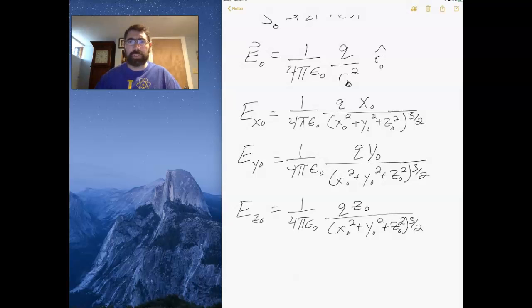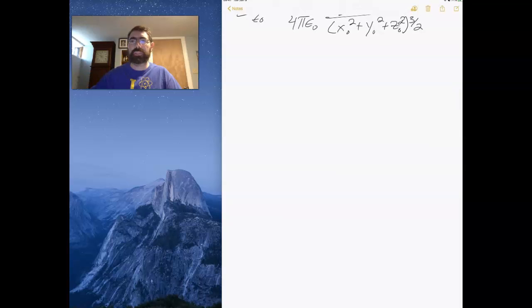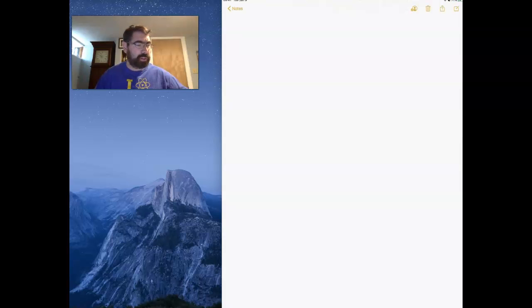So the reason I wrote out all 3 directions is if you think back to the previous video lecture where we looked at the parallel plate capacitor, where it is moving with some velocity v0, what we found was that the dimension of the capacitor would contract due to length contraction, but the electric field is perpendicular to that length contraction.